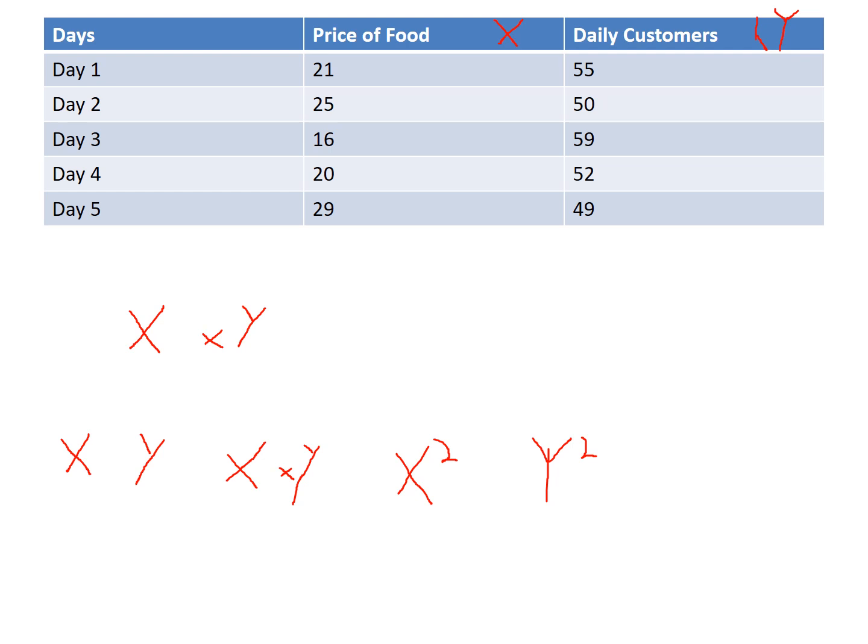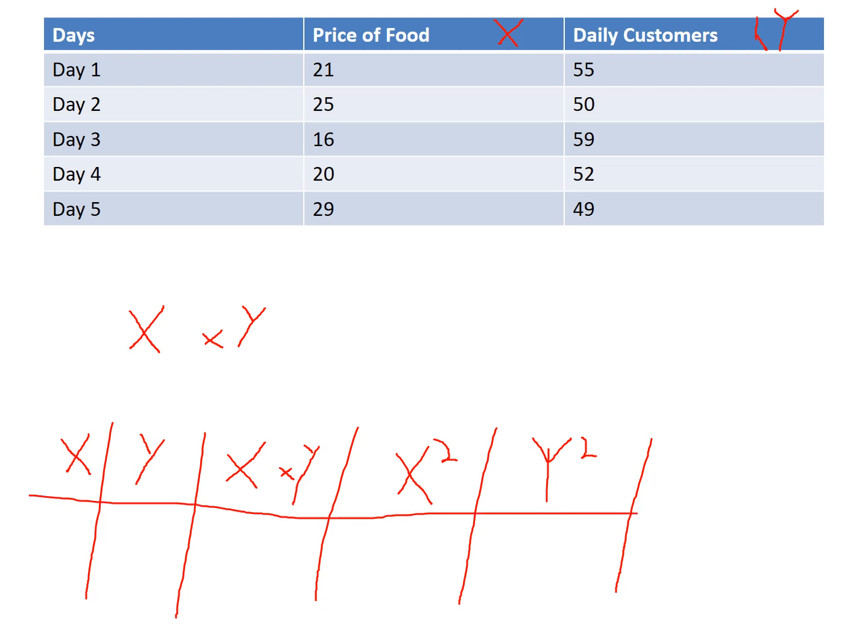We're going to have just 5 columns of information, and all you need to do is complete the data in terms of day 1, 2, 3, 4, and 5. So we already know x and y, because x is all here and y is over here. So we would already have the data for the 2 columns. So we just need to do x times y, and then x squared, and then y squared. So let's have a look at that.